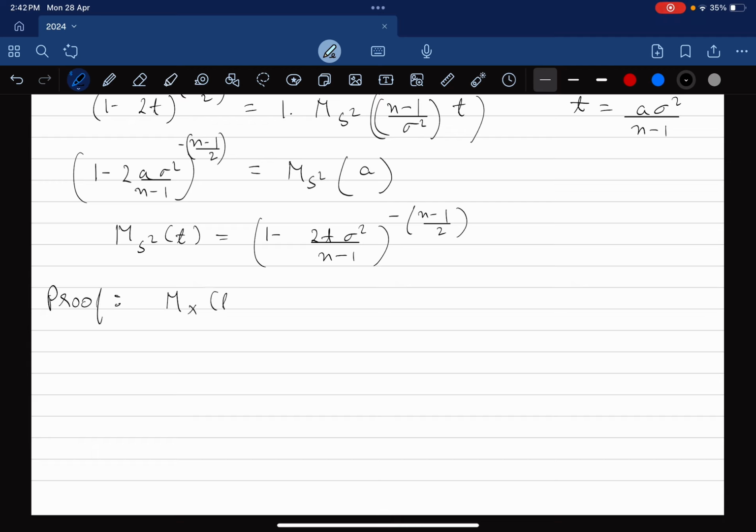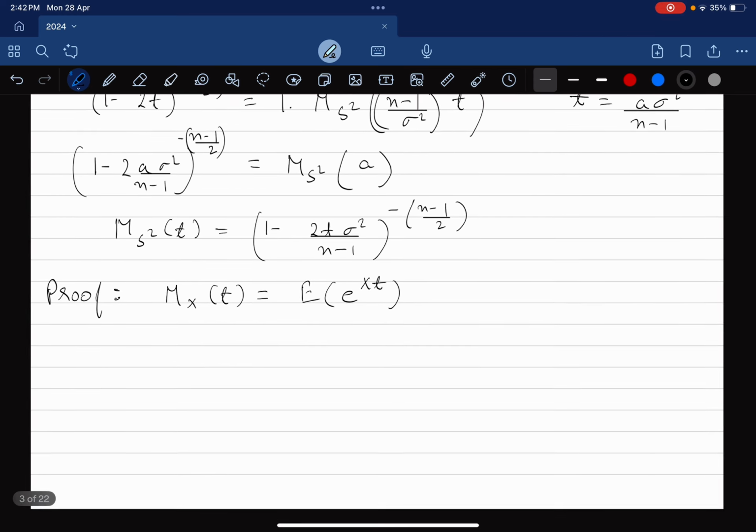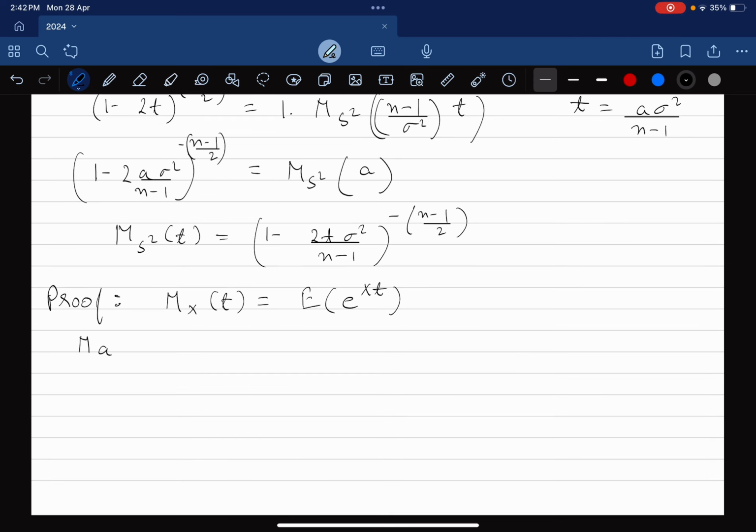Now to provide the proof for this formula, what is our MX of t, the moment generating function? It is equivalent to E to the power xt. We are clear on this. So what will be the moment generating function of aX plus b? E to the power ax plus b into t, so this looks like axt plus bt.